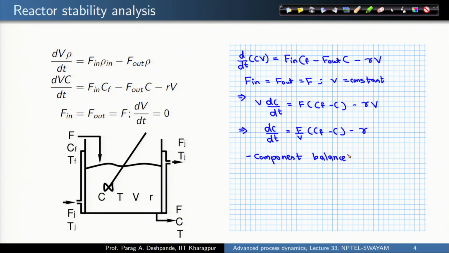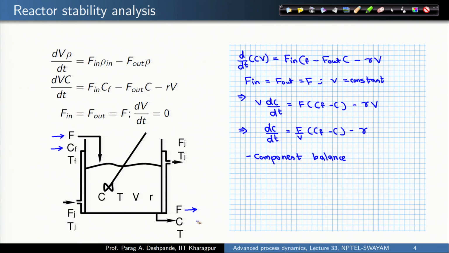By looking at the figure on the left hand side, I am now in a position to appreciate why I have F here and F here instead of F in and F out, and why I have C f. I cannot say anything about T f just by the mass balance, so let me not put any arrow here.